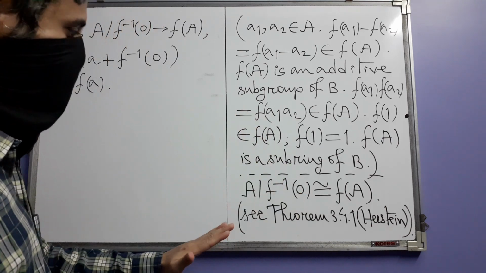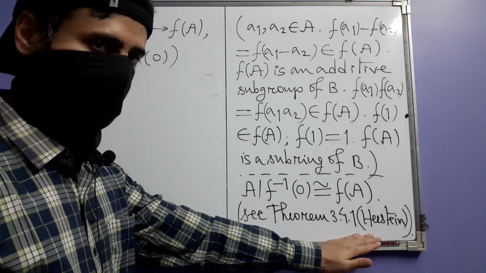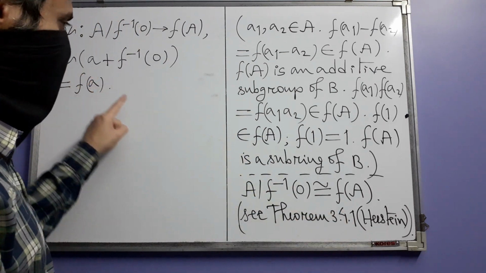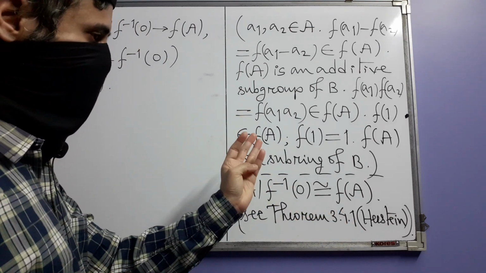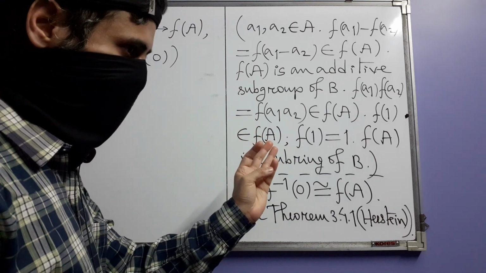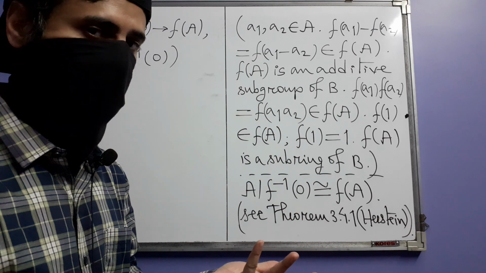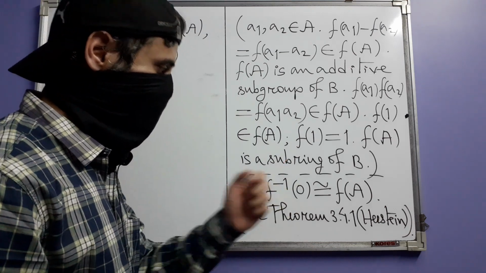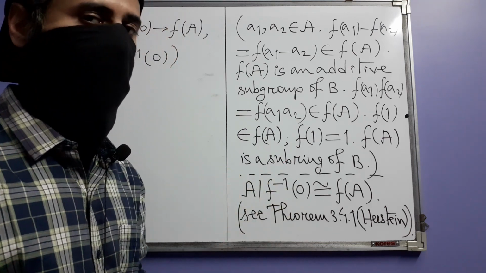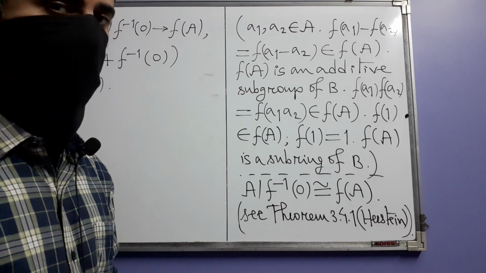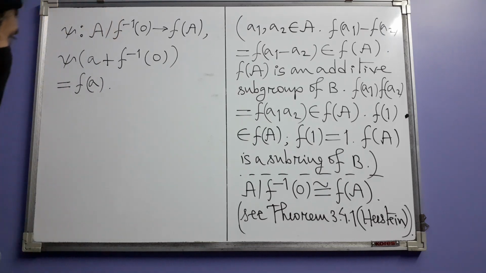So we already know from the proof of this theorem in Herstein that this function is one-to-one, onto, it respects addition, it respects multiplication. But then what else? That it also respects the identity element. That's what we have to show extra.